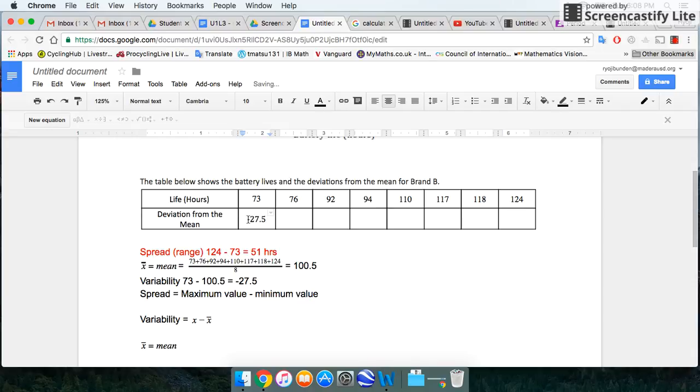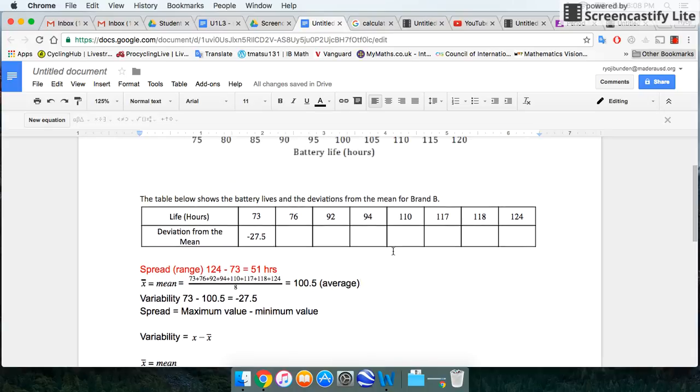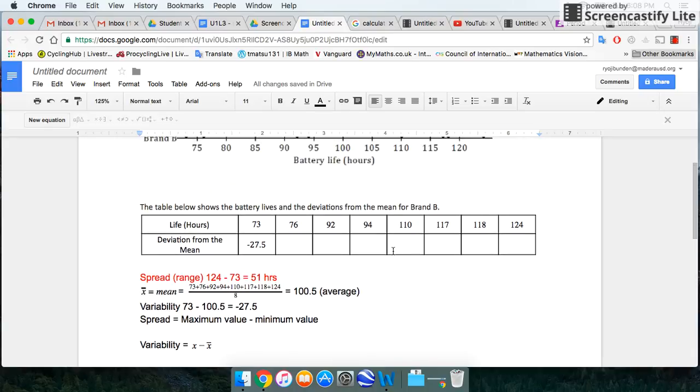So what this means is that the mean represents our average, right? So if we were to take any battery from this company and use it, we would assume that that battery is going to have a lifespan of 100.5 hours because that's just the generalization.